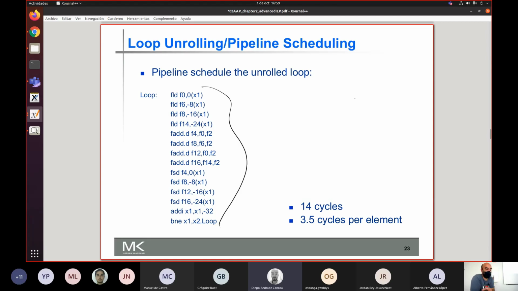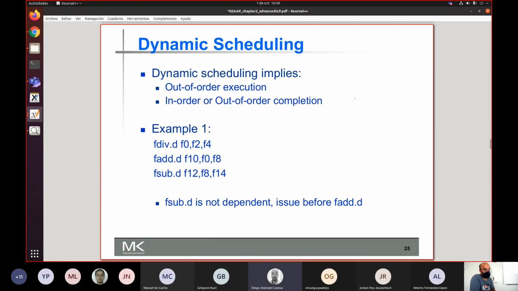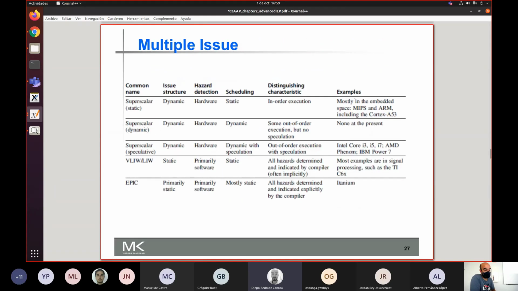Okay, so if we have dynamic scheduling, this is just repeating the same ideas as before, but I believe that this summary table is quite good to summarize all the possibilities to implement multiple issue.